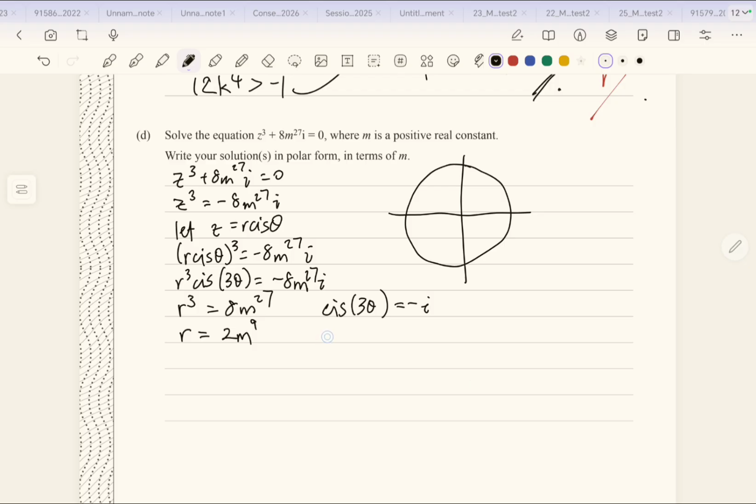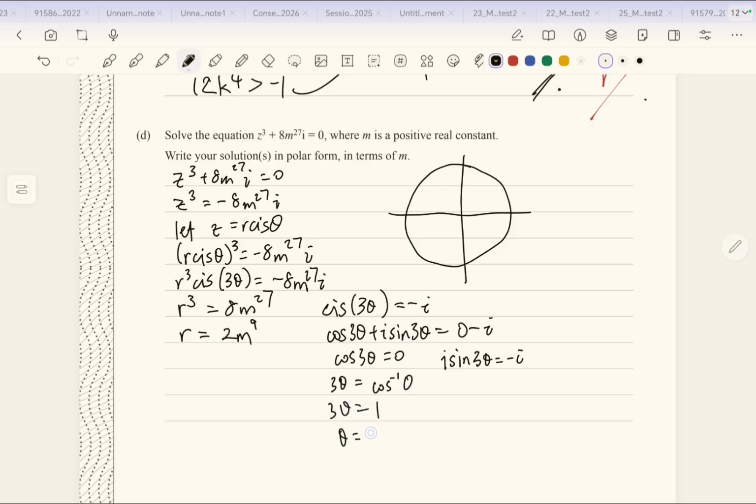Let's expand this first. Cis is cos plus i sine. So cos 3 theta plus i sine 3 theta equals 0 minus i. So I can say cos 3 theta equals 0, and i sine 3 theta equals negative i. So 3 theta equals cos inverse of 0, which is 1.